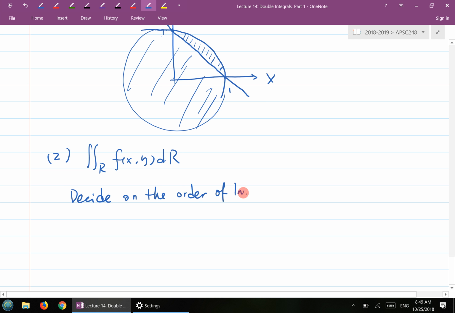Order of integration basically means, are we going to do dy dx or dx dy? So here you're going to have two orders, dx dy or dy dx.